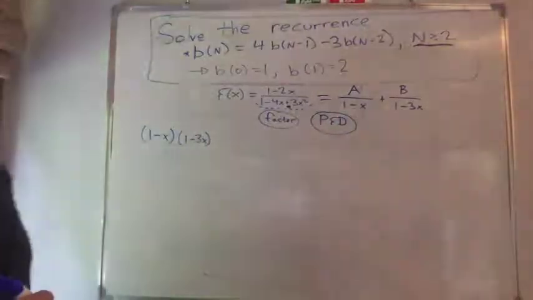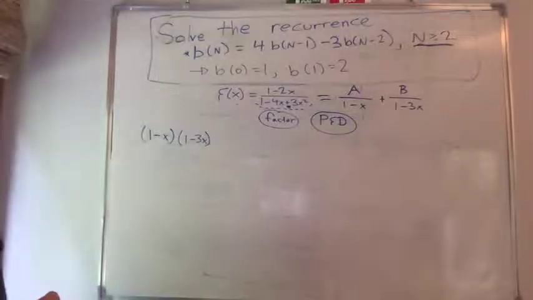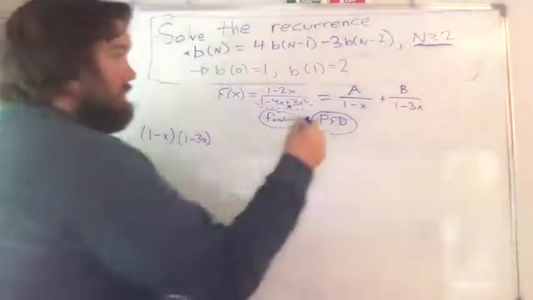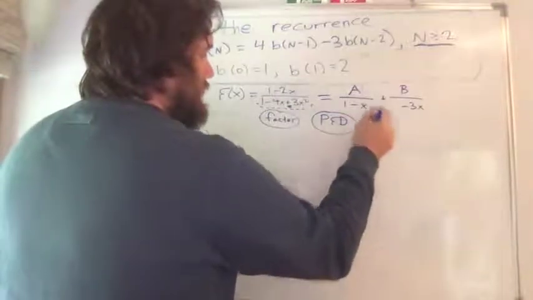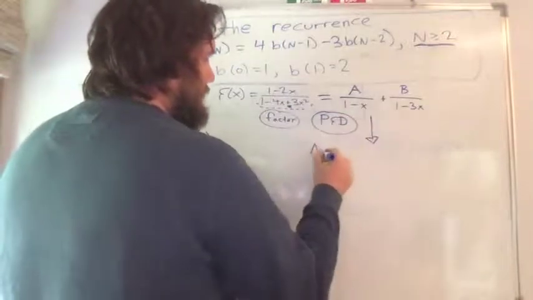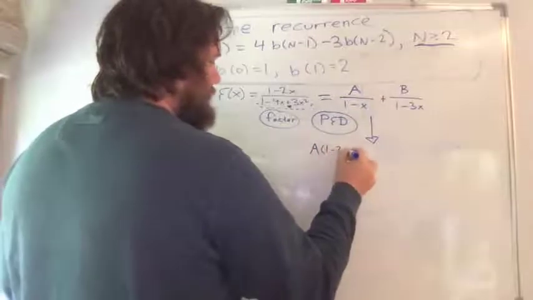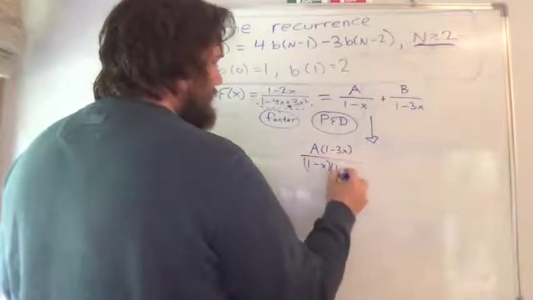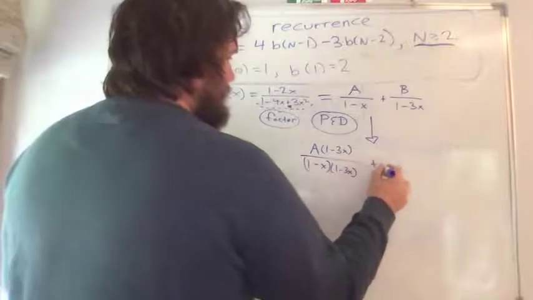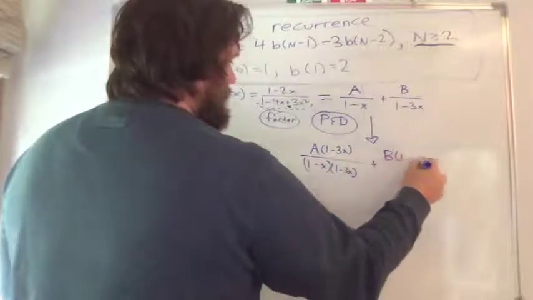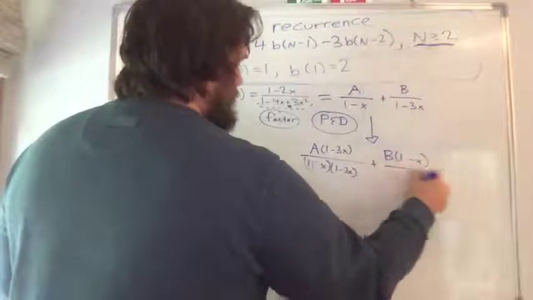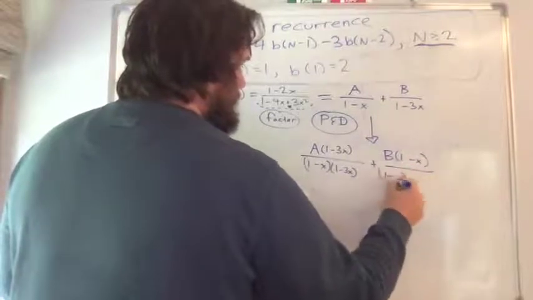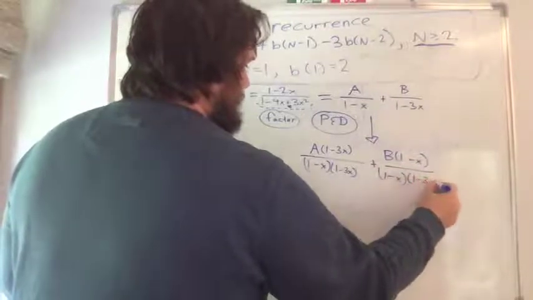Let's see if we can do that quickly. If I get a common denominator here, I'm going to have a times (1 minus 3x) over (1 minus x)(1 minus 3x) plus b times (1 minus x) over (1 minus x)(1 minus 3x).